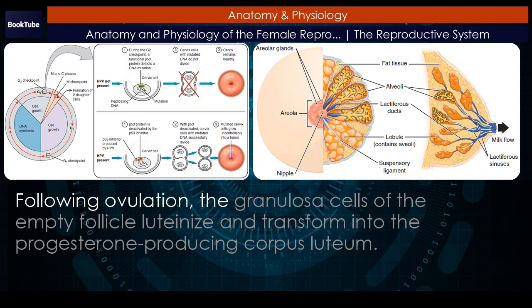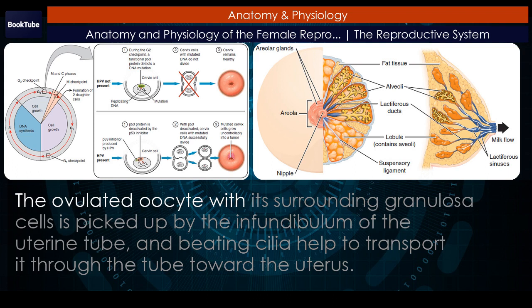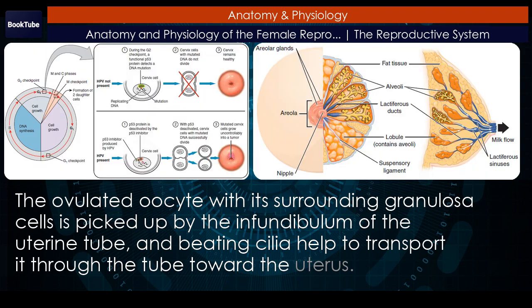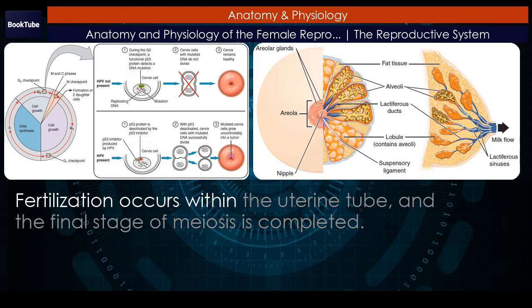Following ovulation, the granulosa cells of the empty follicle luteinize and transform into the progesterone-producing corpus luteum. The ovulated oocyte with its surrounding granulosa cells is picked up by the infundibulum of the uterine tube, and beating cilia help to transport it through the tube toward the uterus. Fertilization occurs within the uterine tube, and the final stage of meiosis is completed.